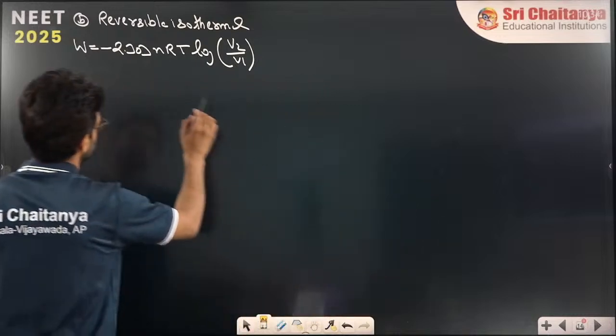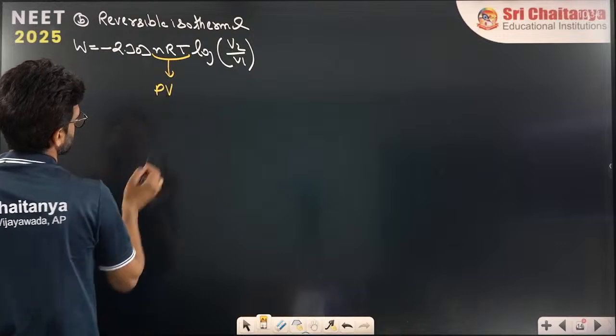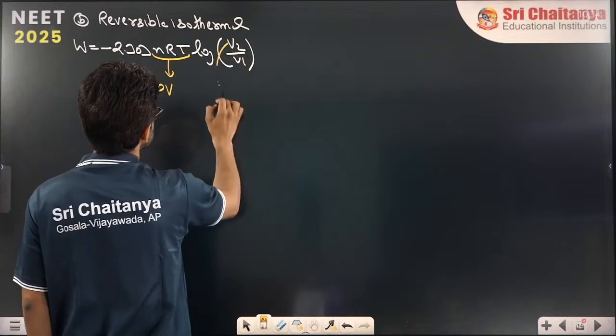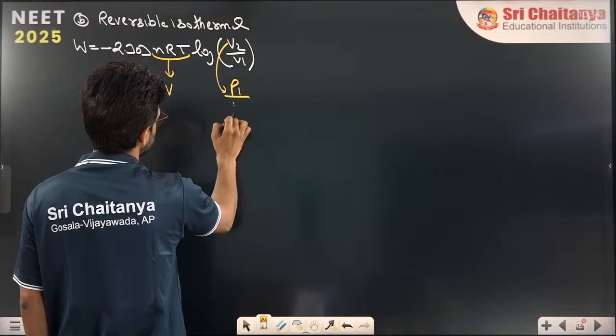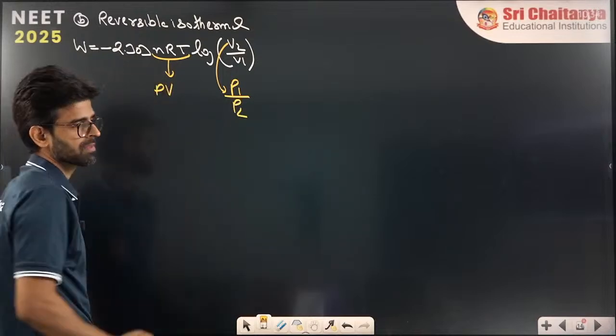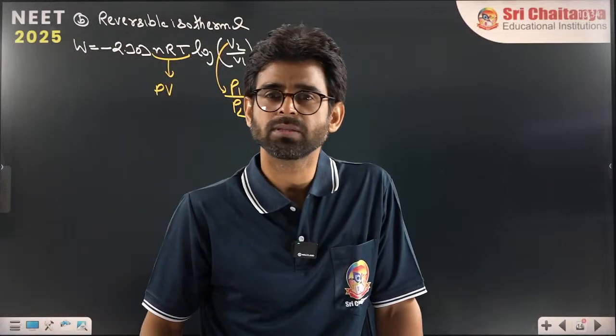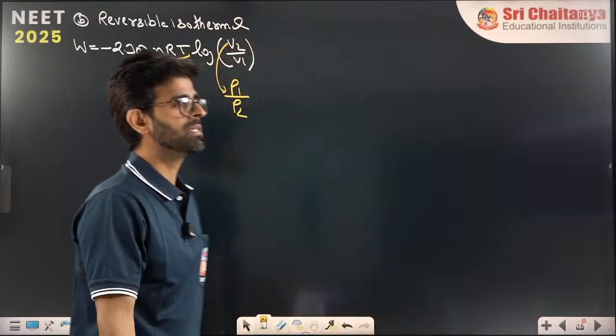Sometimes we can modify this formula also, so that nRT can be taken as PV and V2 by V1 can be taken as P1 by P2, right? PV can be P1V1 or P2V2 because both will be the same in case of an isothermal process, right? So be careful about it.